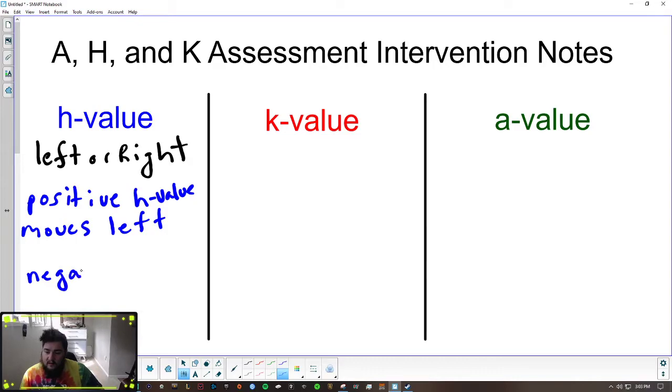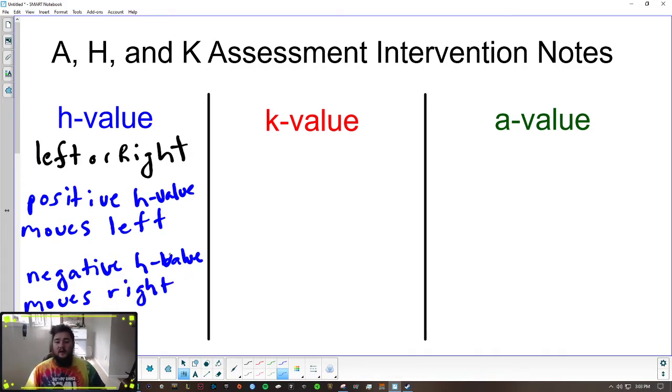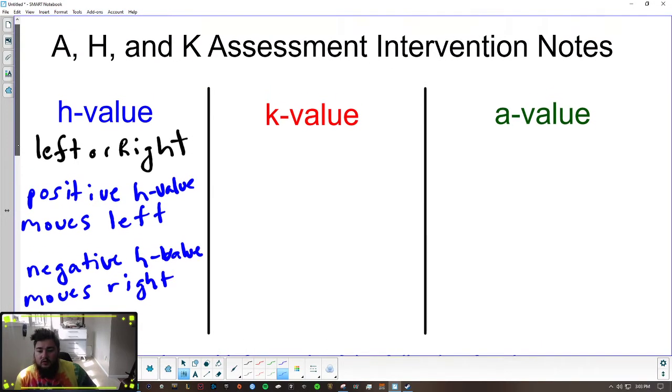A negative H value moves us to the right. Okay? So the H value is going to move our graph either left or right. If it's a positive number, it goes to the left. If it's a negative number, it'll move us to the right.